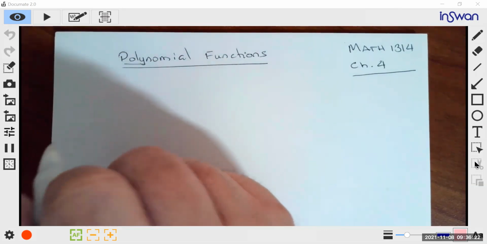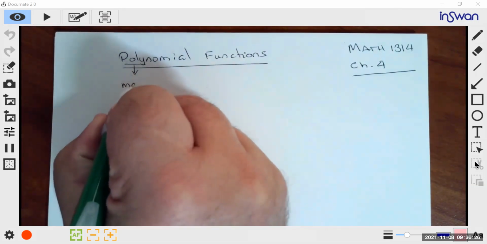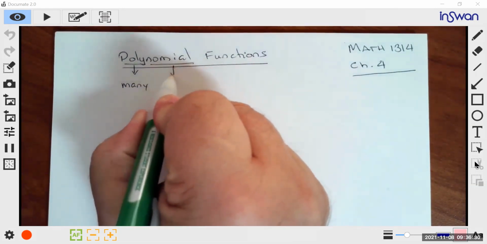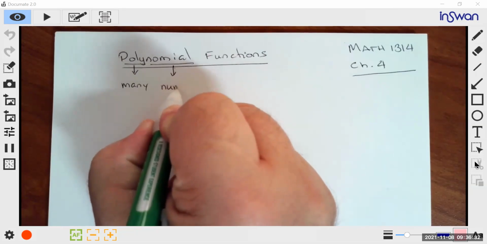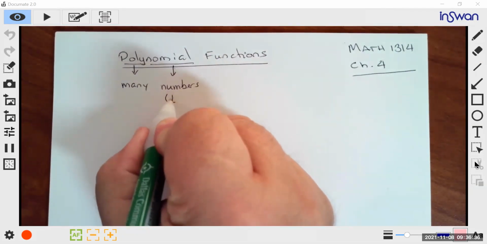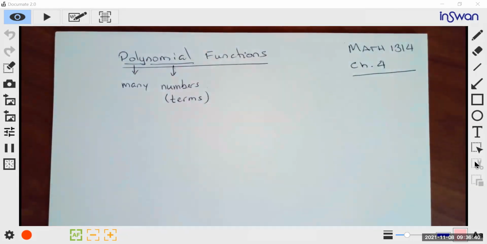The word polynomial: poly means many. Nomial means like numbers, or more precisely, terms.